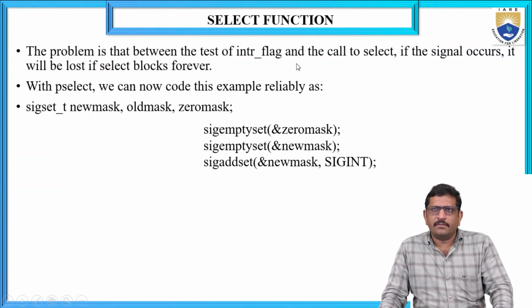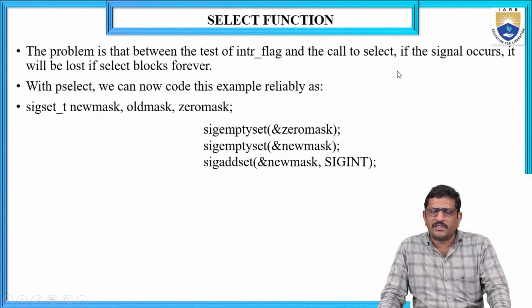The problem is that between the test of the interrupt flag and the call to the select function, if the signal occurs between the primary device and the secondary device, it will be lost. The select could block forever.